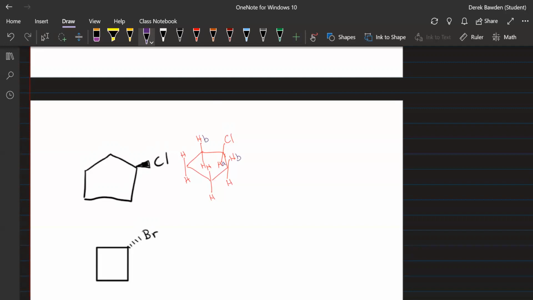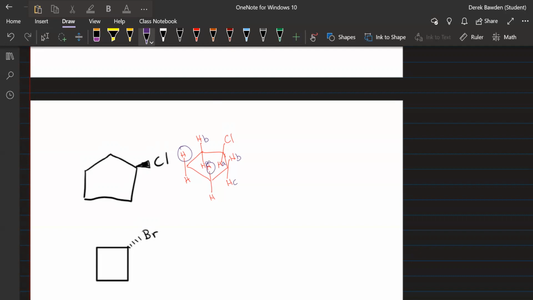Then we'll go to the bottom carbons. And again, those are going to be different from our A and B. So those will both be HCs because they're in a different plane from anything else we've looked at. We'll go to the top hydrogens, I apologize, and we'll look at the difference here. Again, they're in the same proximity to the chlorine.